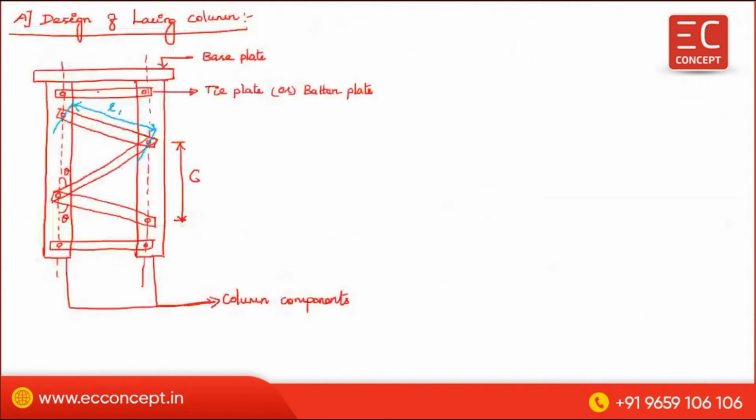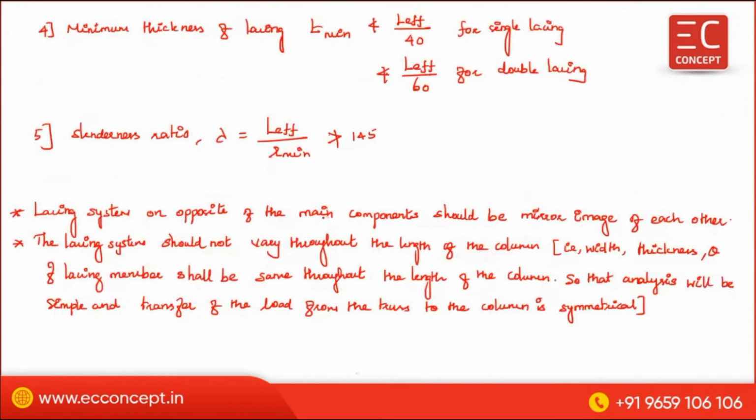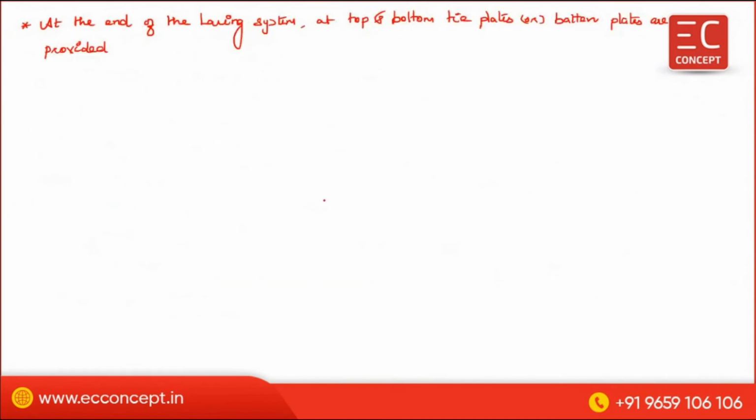See this one: at the end of the column lacing system, this is the top end, this is the bottom end. In the bottom end and the top end, you have to use the tie plate or batten plate. Okay, that is all about the things.